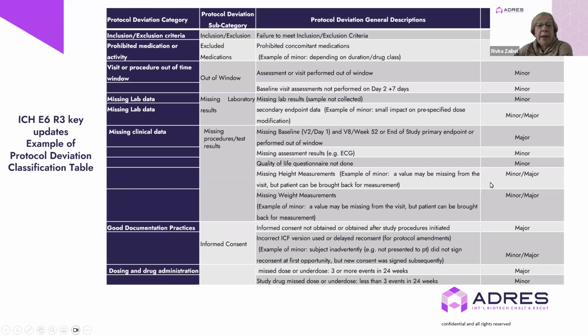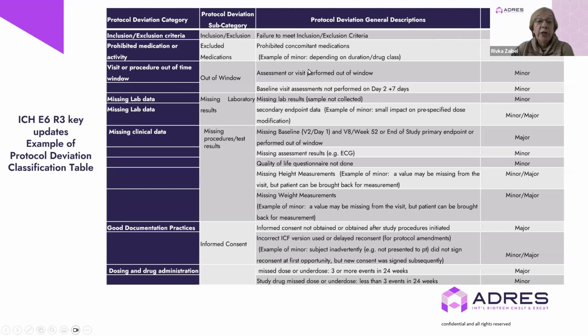So this table is an example of protocol deviations that were defined for a product and a study. And there are different protocol deviation categories, subcategories, the general description of it, and the classification.